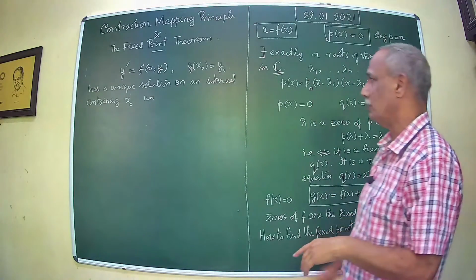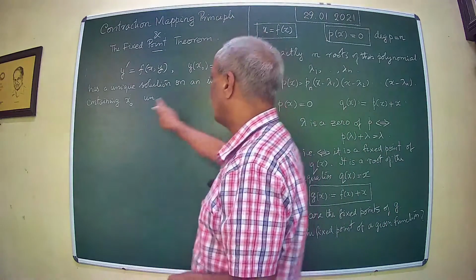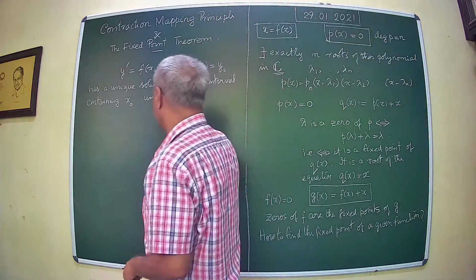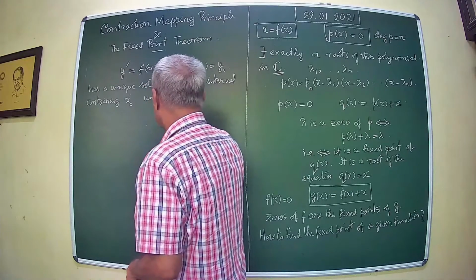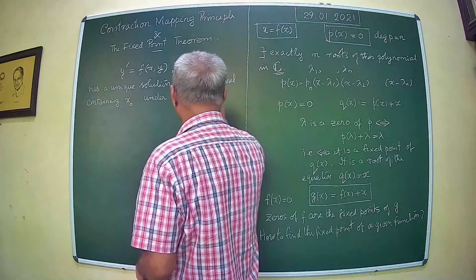Okay, so this equation has a unique solution on an interval containing x naught under certain circumstances, certain conditions.